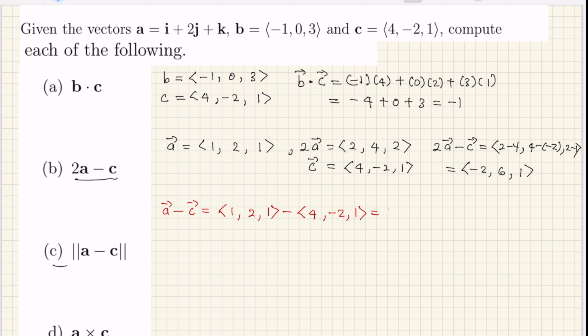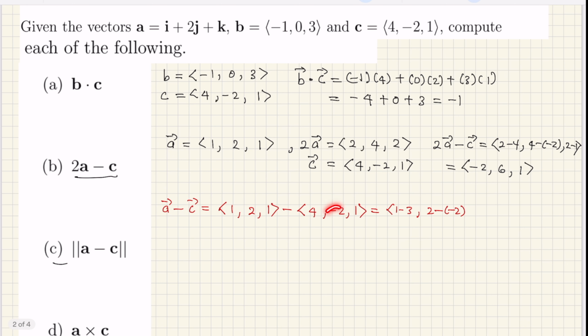So if we subtract these components from one another, we have 1 minus 4, which is -3, then 2 minus 2, rather, 2 minus -2, which is 4, and then the last component, 1 minus 1, and then we're going to have this to be -3, 4, and 0.